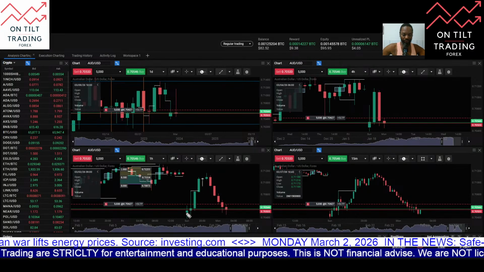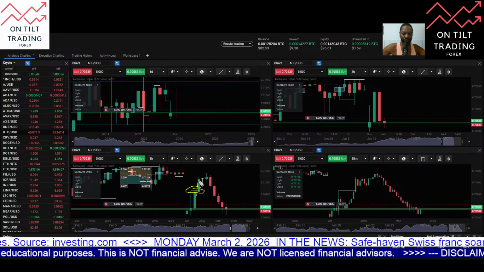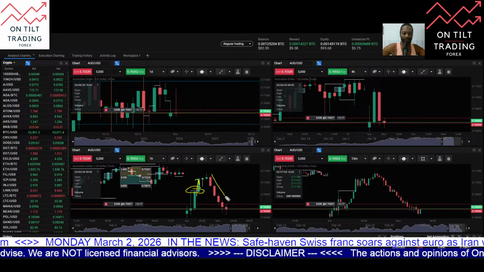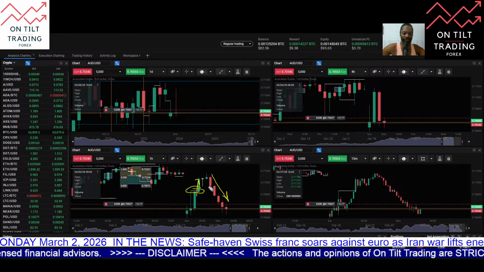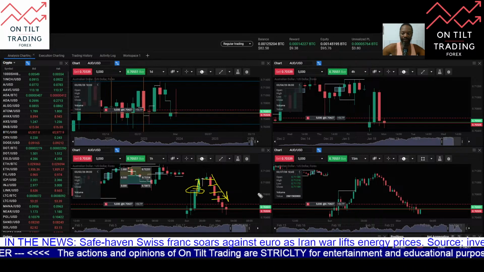But here on the 1-hour, you can see structurally price shifts to the buy side here on the 1-hour chart, and now price has been redelivering here to the sell side, putting in a series of bearish fair value gaps here.